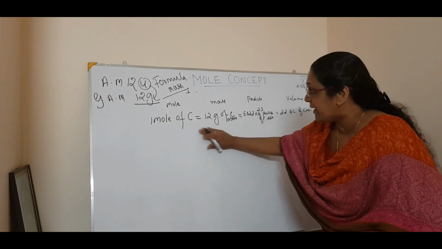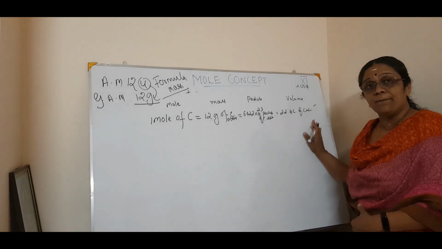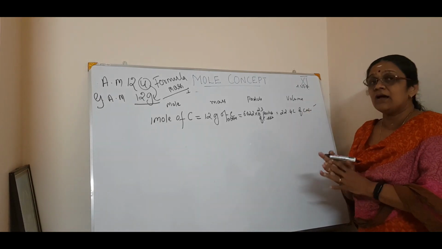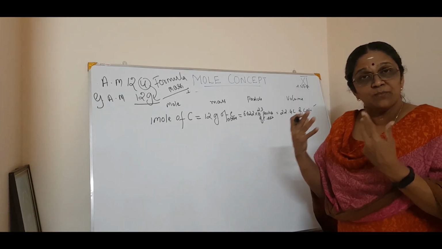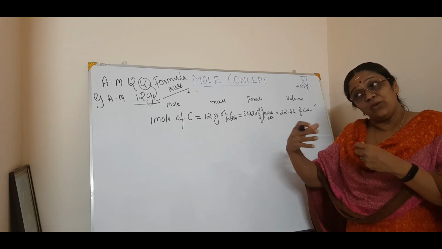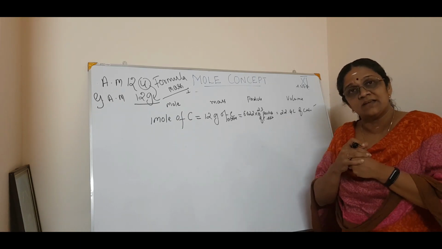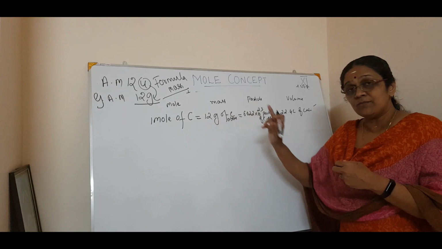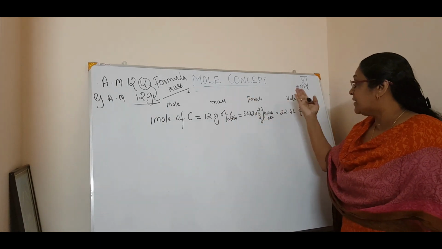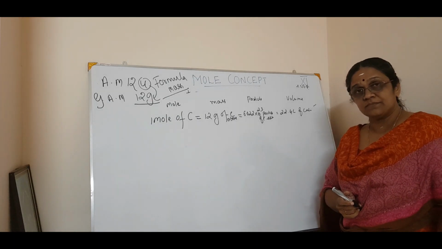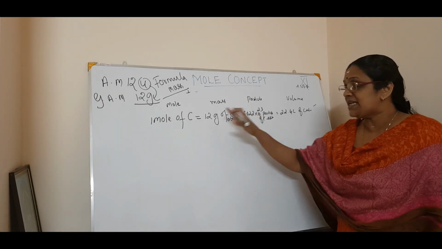So by 3 means you can compare or represent the mole. Now you got a feel of how you can relate the mole to various things: grams, that is mass, particle and volume. That is molar mass, then particle and molar volume. Is it clear? This is a case of atom.